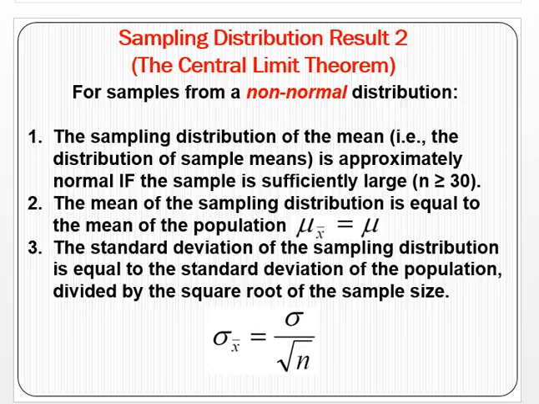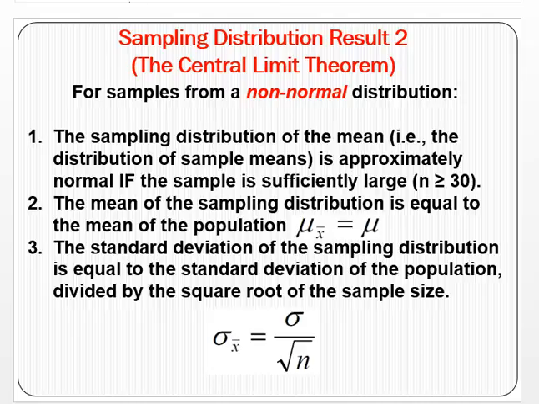Two, the mean of the sampling distribution, the blue histogram, is equal to the mean of the population, again, same as result 1. And the standard deviation of the sampling distribution is equal to the standard deviation of the population divided by the square root of the sample size.